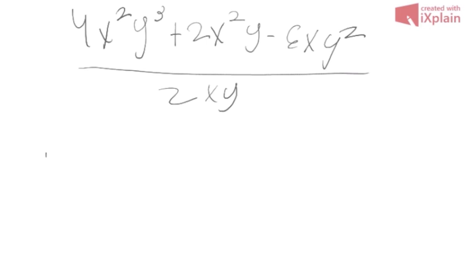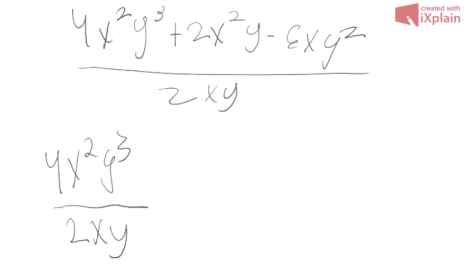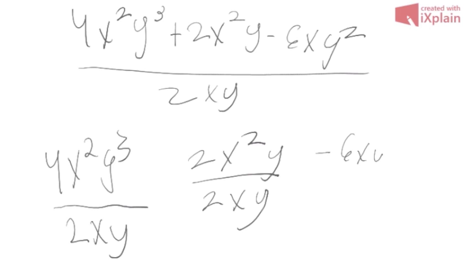So you're going to take 4x squared and y to the third divided by 2xy. Then you're going to take 2x squared y and divide that by 2xy. Then finally you're going to take negative 6xy squared, divide that by 2xy as well.